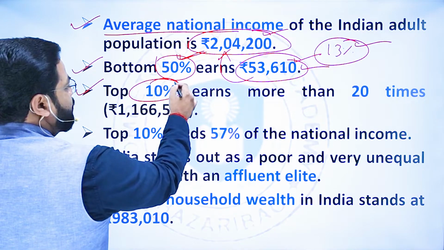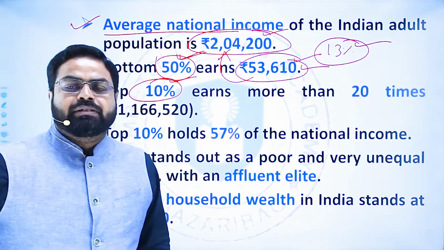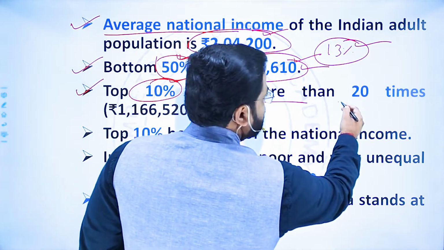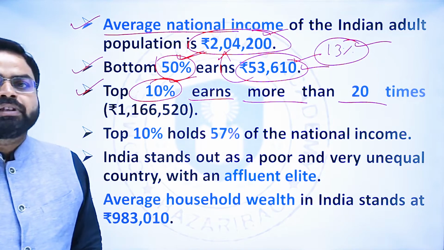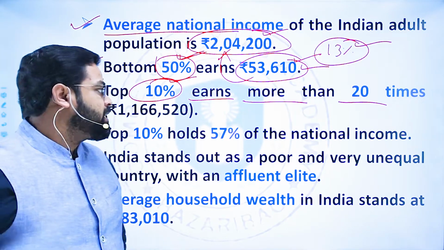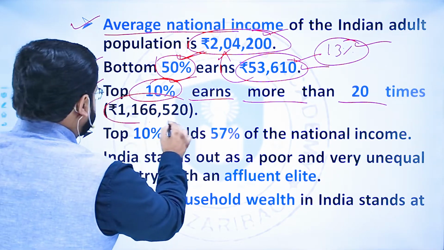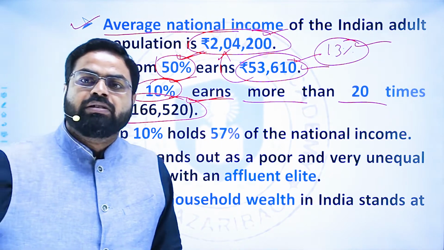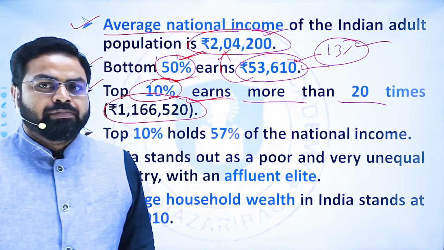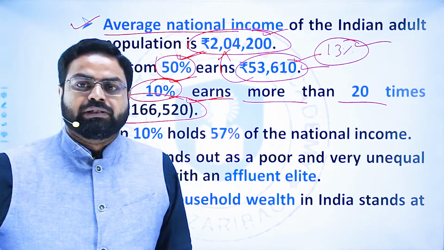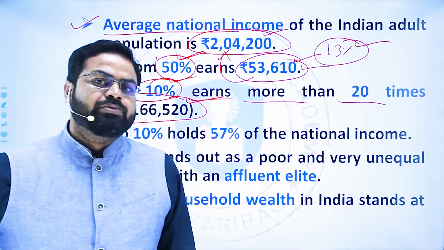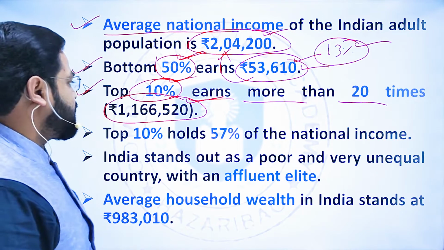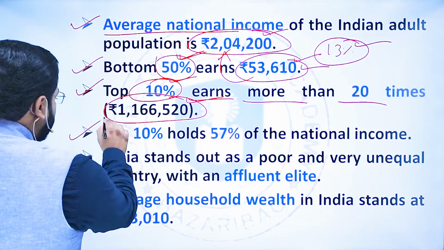But the top 10% earns more than 20 times the bottom 50%. That is around 11,66,520 rupees, the annual income of the top 10% of the adult population, which is a glaring difference, a lamentable situation for a democratic country where such a high level of inequality is prevalent.